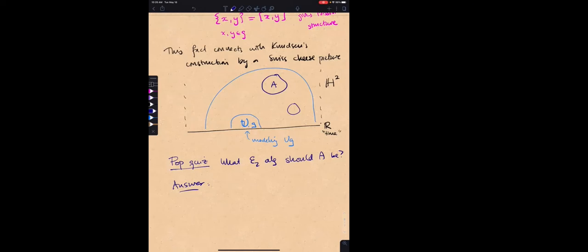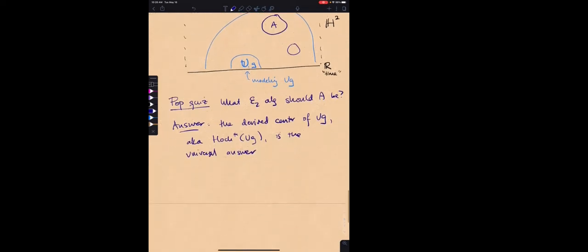Absolutely. So a good answer is the derived center, of course. It may seem a bit tautological, but the derived center of UG, which in this case is often modeled by the Hochschild cochains on UG, is the universal answer.